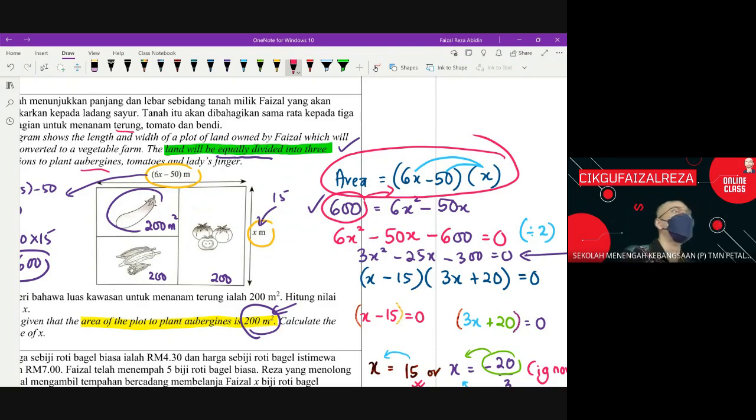Of course, if no calculator, it's like you go to war without any weapon. Any questions?